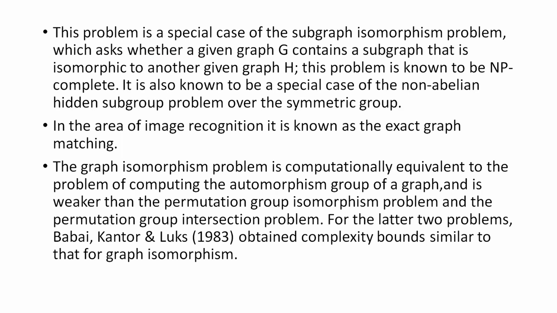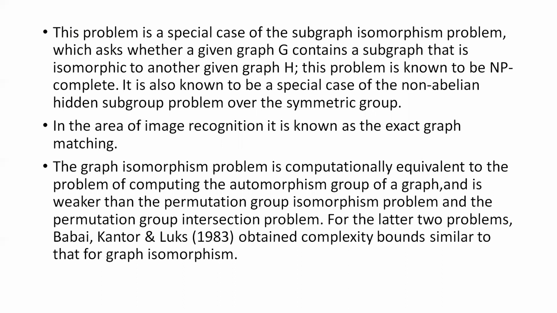Next, this problem is a special case of the subgraph isomorphism problem, which asks whether graph G contains a subgraph that is isomorphic to another given graph H or not. This problem is known to be NP complete. It is also known to be a special case of the non-abelian hidden subgroup problem over a symmetric group.